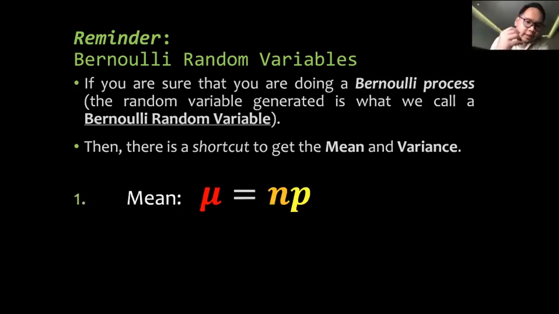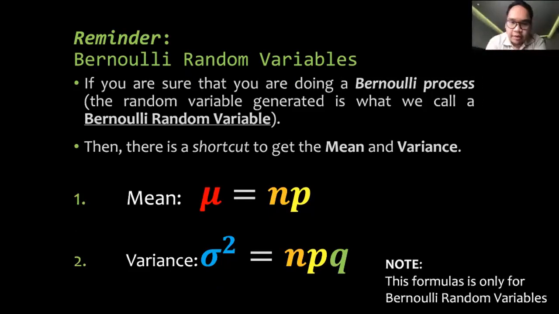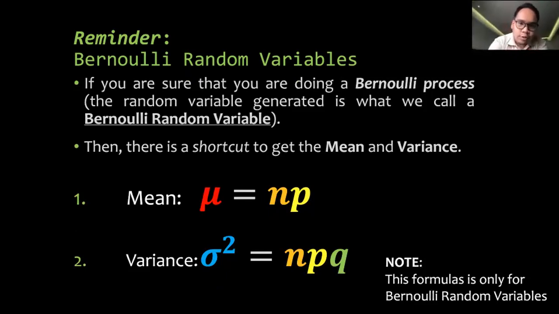To get the expected value, you just multiply the number of trials n times the probability of success p. And to get the variance, sigma squared, multiply n times p times q, the probability of failure. So that's how we get the mean and variance of binomial distributions. Note that this is only for Bernoulli random variables.